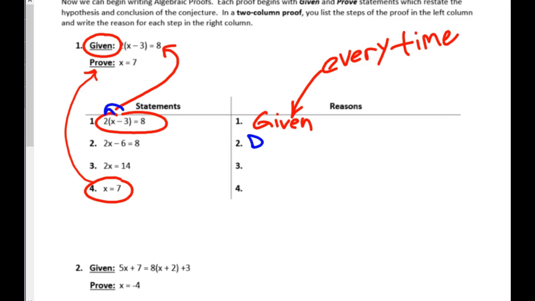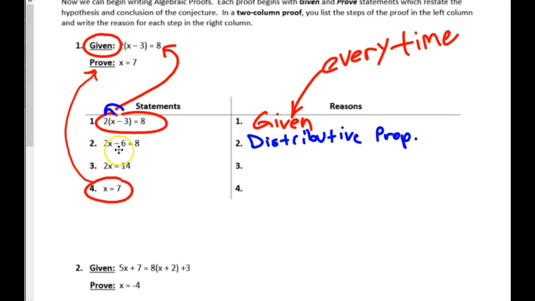So we're going to write distributive property. You do need to put prop. You can abbreviate, but you can't eliminate the prop. Why? Because I need to know what you're talking about. Distributive what? Distributive what?